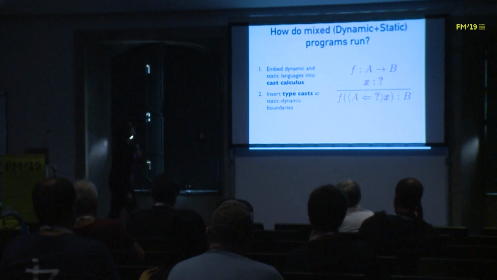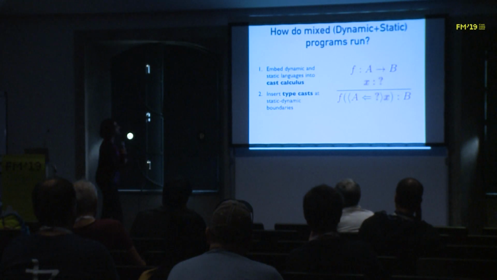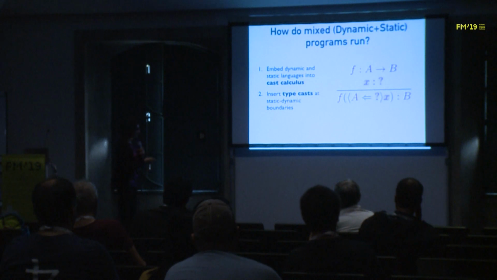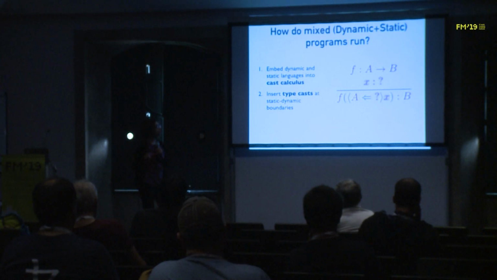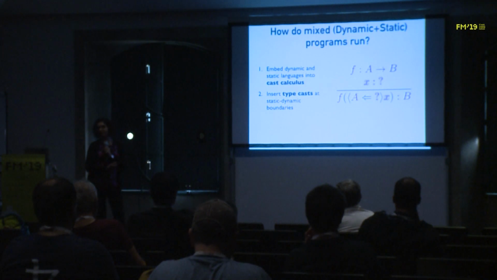Okay, so how do mixed programs run? Essentially what you do is you embed your dynamic and static languages into a single language. You can think of it as a cast calculus. So for instance, if you have a function from type A to type B, this is a typed function in red, and you apply it to some sort of term. Here I've just written a variable, but it could be any term that has dynamic type, which I've indicated with a question mark.